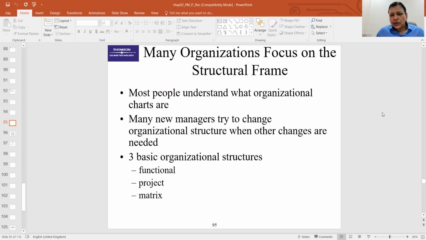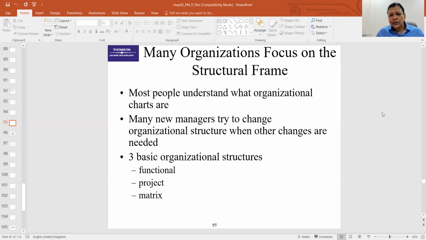Many organizations focus on the structural frame. Most people understand that organizational charts explain the top management. Like in King Abdulaziz University, we have the president, then 3 vice presidents, and then each faculty has a dean and vice deans.